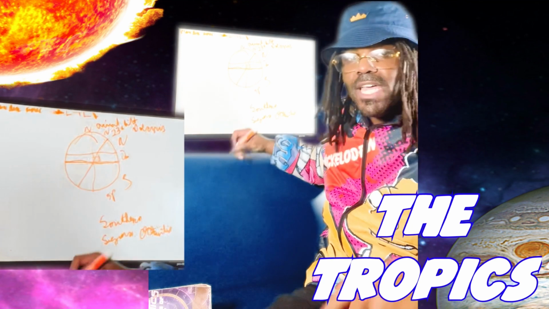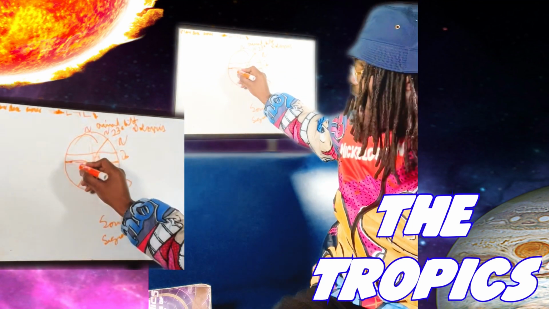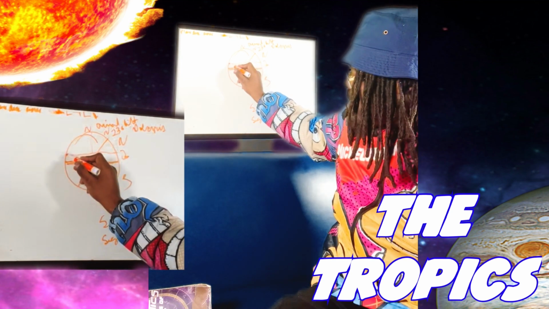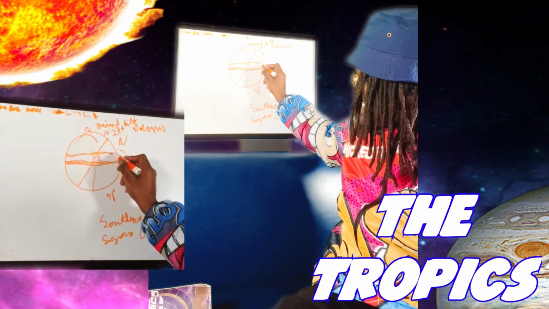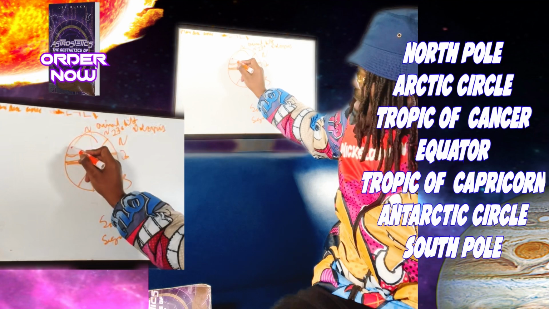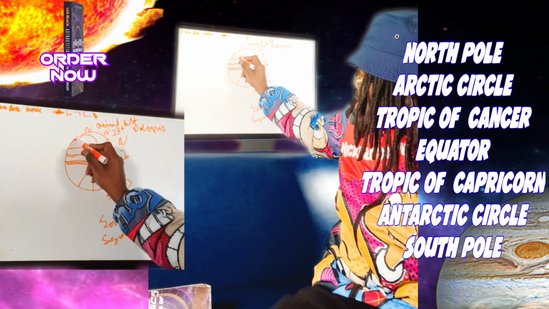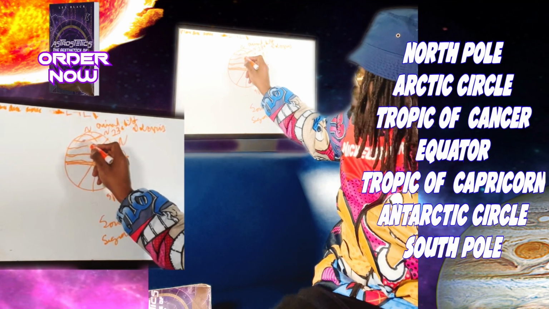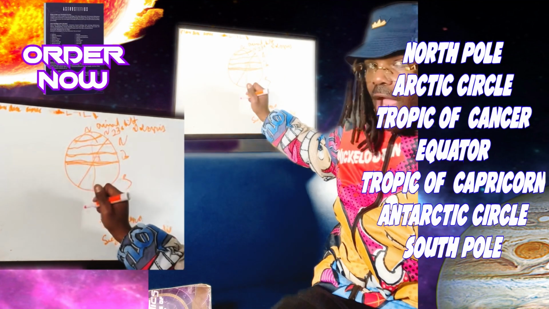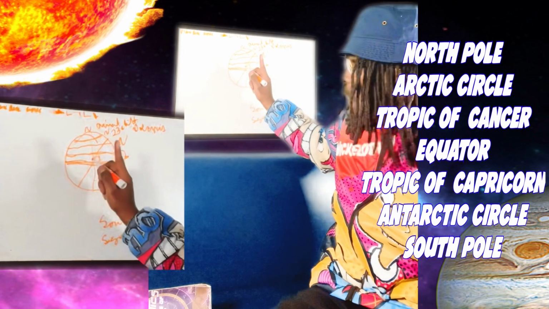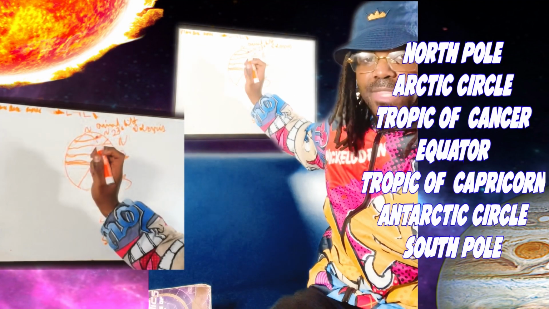Now we're going to explain this. Here we have the equator, right, in the middle. Then we have the Tropic of Cancer. Then we have the Arctic Circle. Then we have the Northern Pole Circle. All right? And we see this when we go north from the equator.